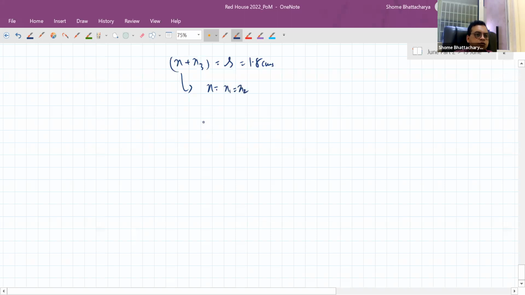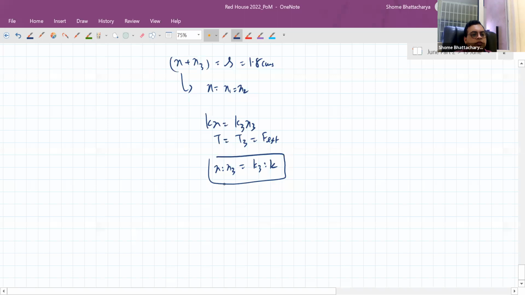Okay. So now you can see that kx will be equal to k3 x3 because this net tension in that parallel combination is equal to T3, which is equal to the external force. Okay. So x is to x3 is k3 is to k. So from that you can see that x will come out to be times this.